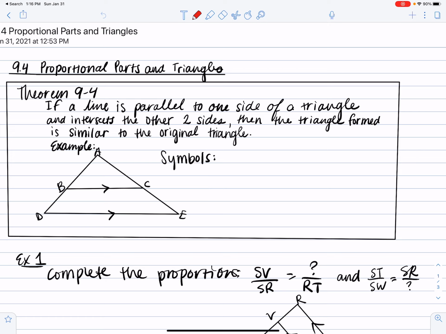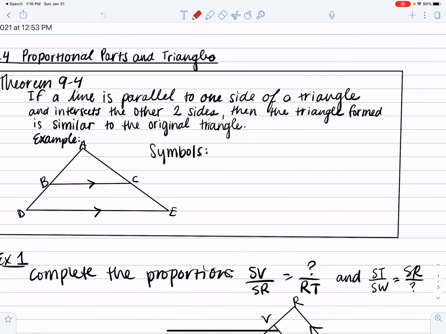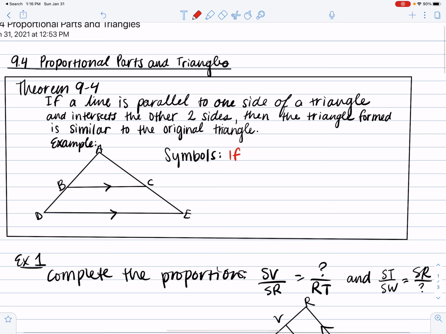So we can write this as: if BC is parallel to DE, which it is, it's given, right here with those arrows, then you can say that the smaller triangle ABC, which is that little one that's created, is similar to triangle ADE, which is this bigger original triangle. Okay, and remember, order matters here.